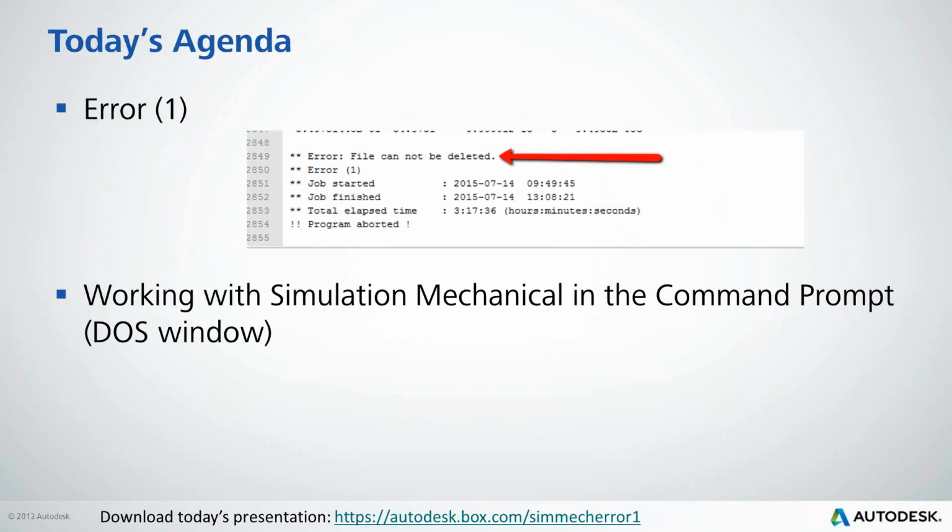In today's agenda we'll be covering Error 1. I'm sure many of you have bumped into this from time to time, and Marwan will discuss how we can work around this in simulation mechanical using the command prompt, or the DOS window as some of you may know it.